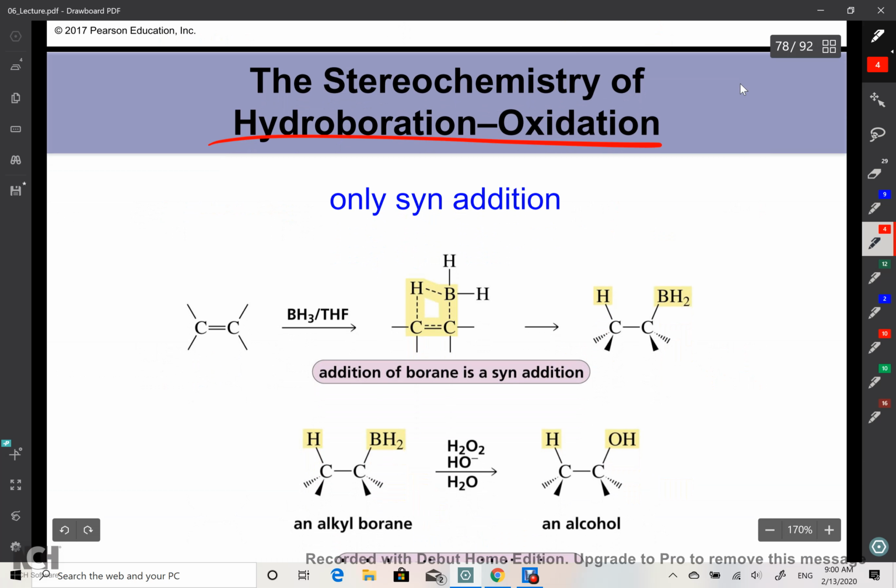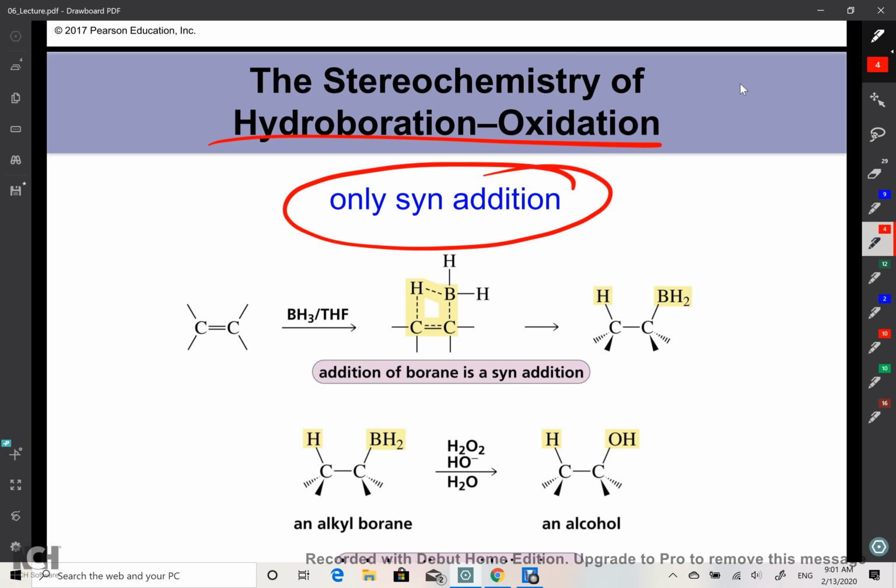Let's look at the stereochemistry of hydroboration. You remember what hydroboration is? Hydro means you're adding an OH. Hydroboration follows the anti-Markovnikov reaction, and hydroboration gives you a syn addition, meaning that you are adding the OH and the H. Because in a hydroboration, these are the two groups that you are adding to the double bond.